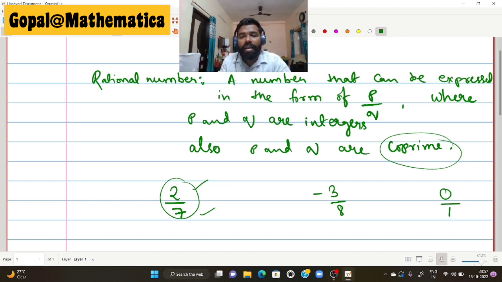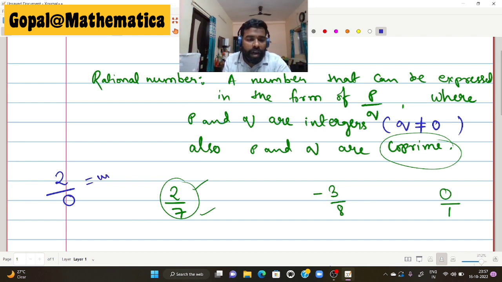And one more important part of a rational number is this denominator q. This should not be 0. Because we know anything by 0 is actually what? Undefined. Okay, so anything by 0 is called undefined.